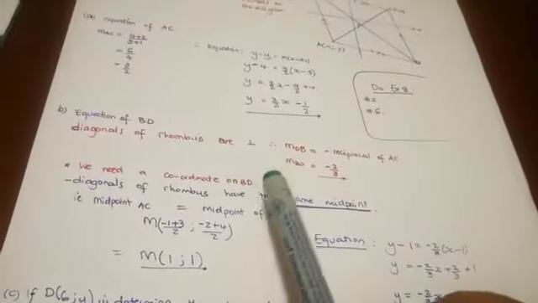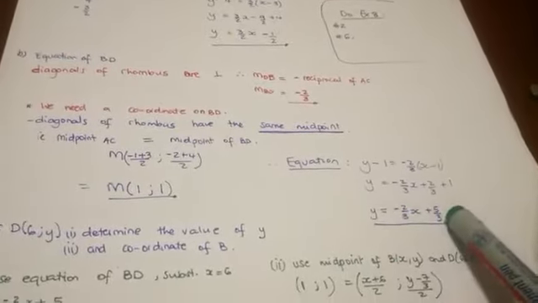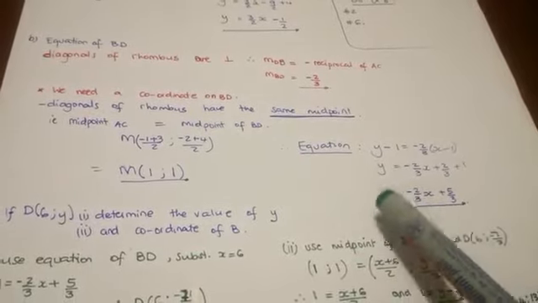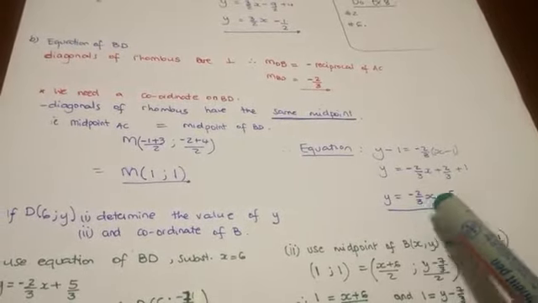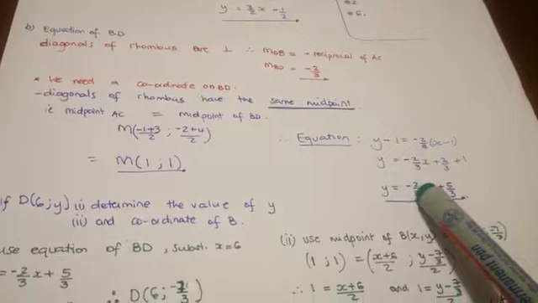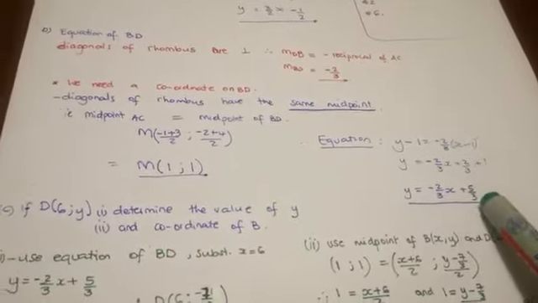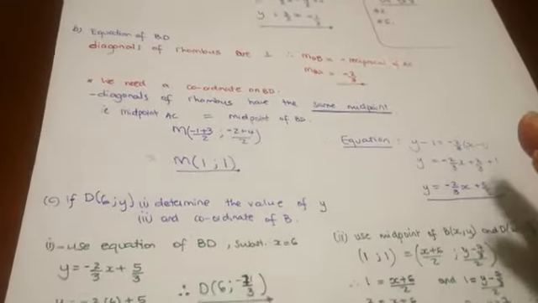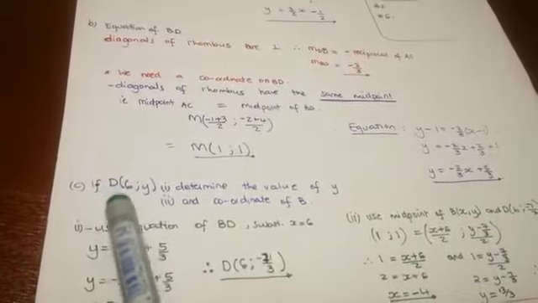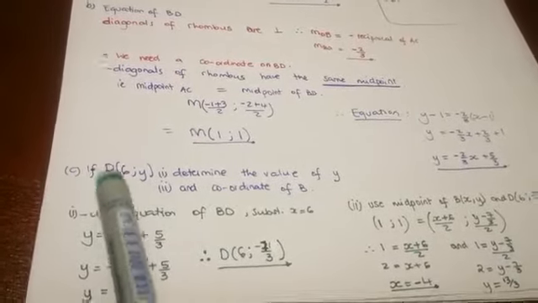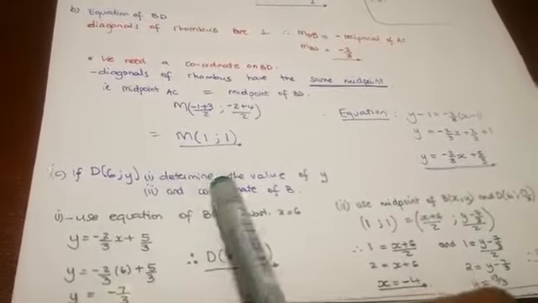Then I can use that because it's a coordinate that lies on BD. And then I calculated the equation. It came out as y = negative 2/3 x plus 5/3.